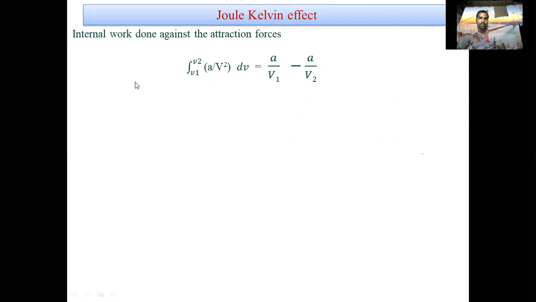Now this integration simplifies, and applying the bound limits V1 and V2, we get A by V1 minus A by V2. This is the work done against the attraction force between the two molecules.